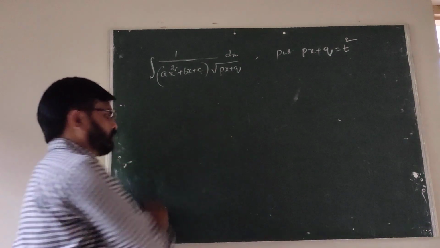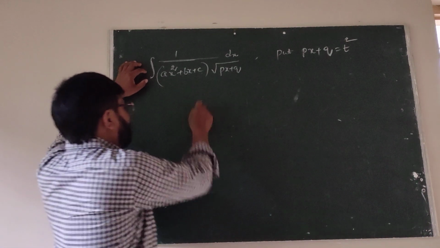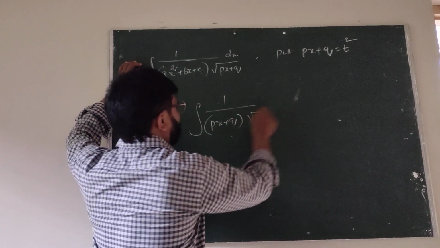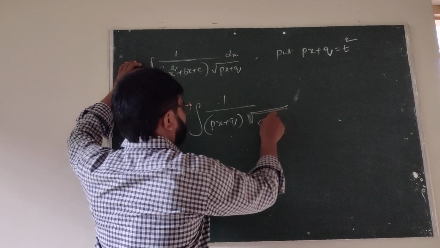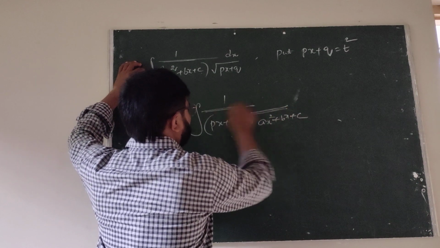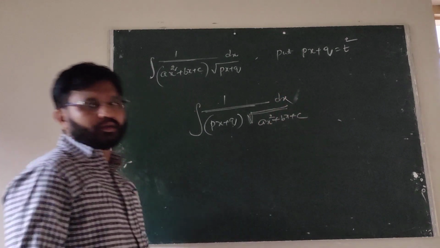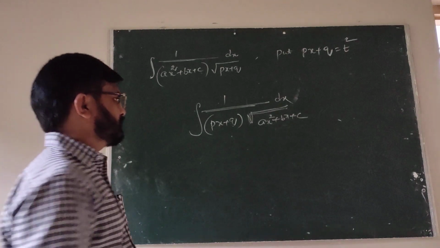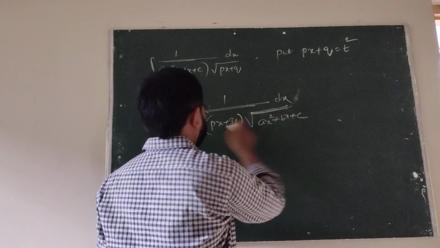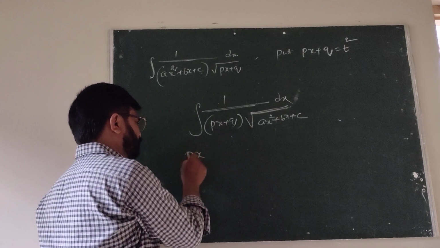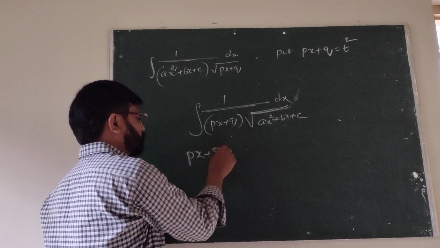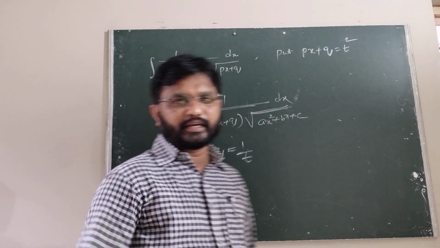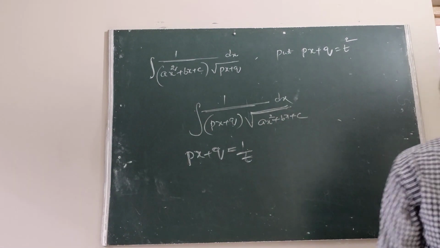But we know how to find the integral of 1 upon (px plus q) into root of (ax square plus bx plus c). Just remember how to evaluate this type of integral. In this case we have to take px plus q equal to 1 by t.